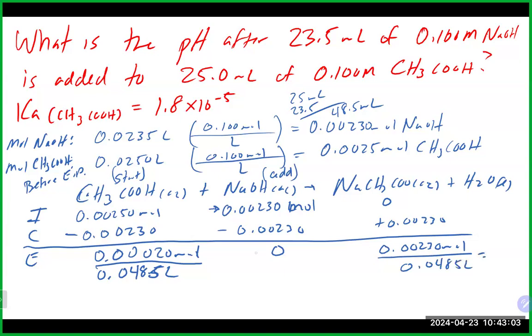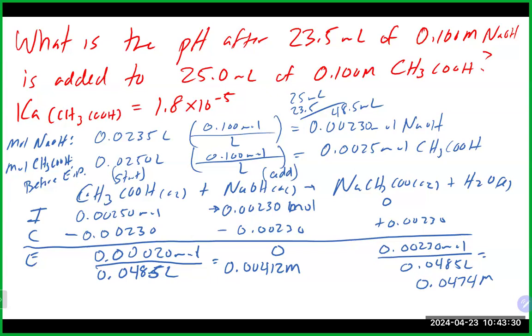All right, so 0.0002 divided by 0.0485 is going to give us 0.00412 molar. Over here, 0.0023 divided by 0.0485 is going to get us 0.0474 molar, I believe.